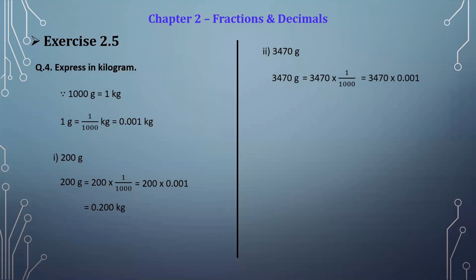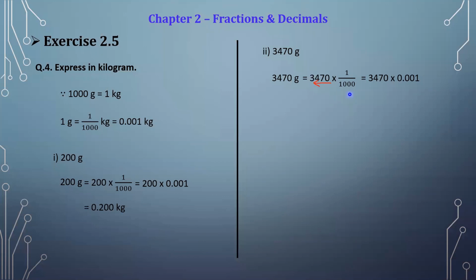So you have to count the 3 digits in the number 3470. 0 is the first digit, 7 is the second digit, and 4 is the third digit. So that decimal point is going to be between 3 and 4.